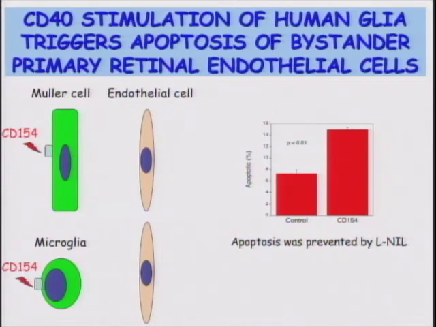So then we proposed that perhaps what was happening is that if we were to stimulate CD40 on glial cells, this would lead to apoptosis of bystander endothelial cells. So we took glial cells, which were transduced with a retroviral vector that expresses CD40, but this vector also expresses EGFP, so more than 95% of the cells were EGFP positive.